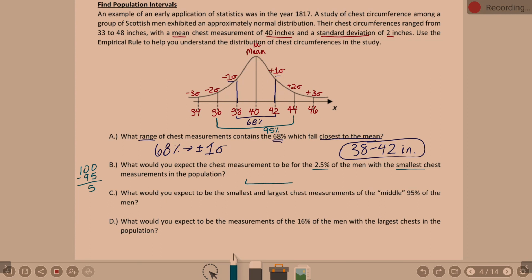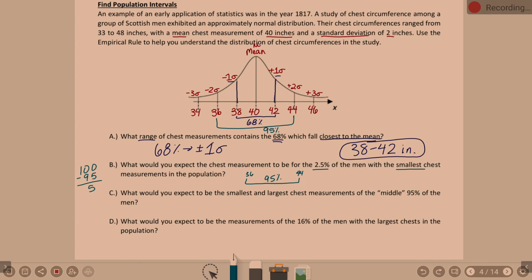If I have 95% going from 36 to 44, 95% is between those two values. What's that leave outside those values? A total of 5%. So there's 5% in these two outer pieces, to the left of 36 and to the right of 44. Now, that 5% is those two pieces together.